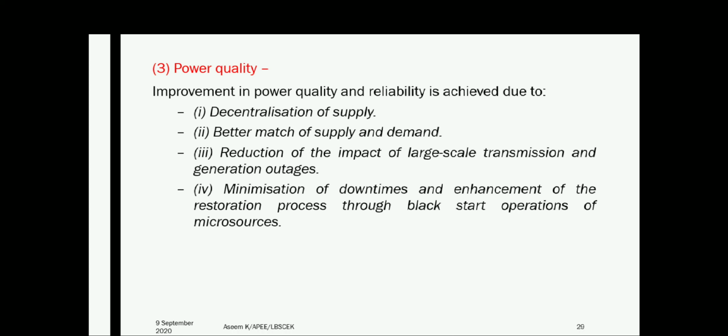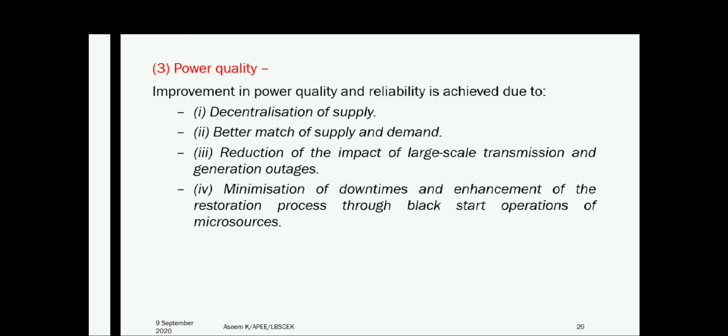Then we can see what about the power quality. There are a few advantages in terms of power quality. As you all know, in our conventional power system, power quality depends upon the load that we are connecting to the power system. Mostly electronic type loads will deteriorate the power quality. Here power quality and reliability can be improved, first, by the decentralization of supply.